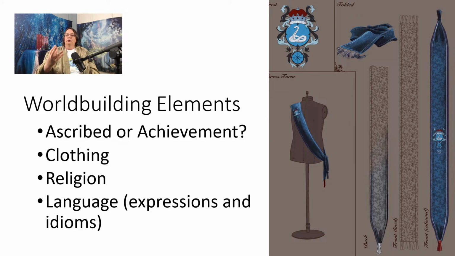For example, I have expressions in my world for those that are behind the sash, the nobles, and those that are before the sash, the peasants. There's a sash hook in all of my castles where a sash is hung, and only nobles are allowed to go behind that sash line because that's where the family lives.